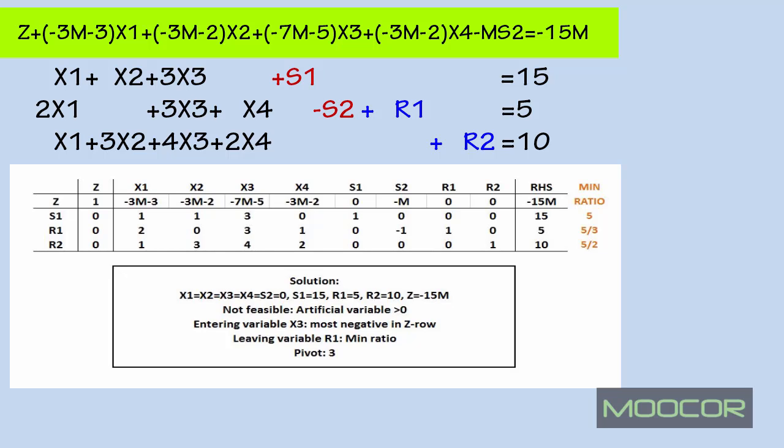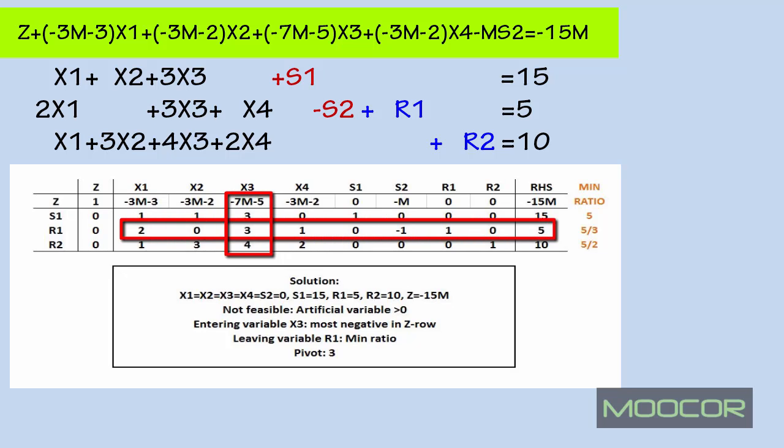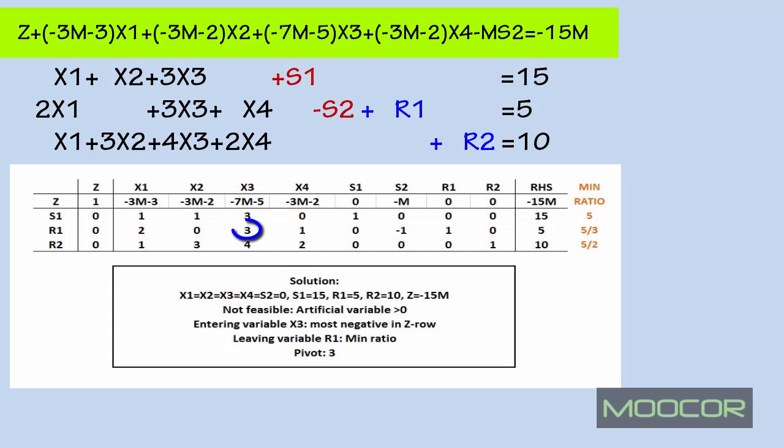So I'm going to perform the regular simplex tableau operation by identifying the entering variable and leaving variable through the min ratio, and in this case R1 is going to be leaving and x3 is going to be entering into the basis.